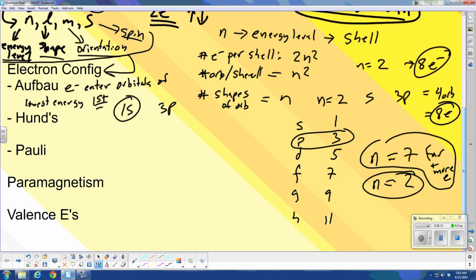That's why we fill the 1s first. So if you see something like this, where they show, we'll go with orbital notations, where I have a 1s and a 2s and 2 p's, and you see this kind of an arrangement, well, that is a violation of what?